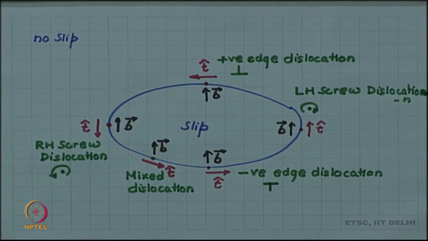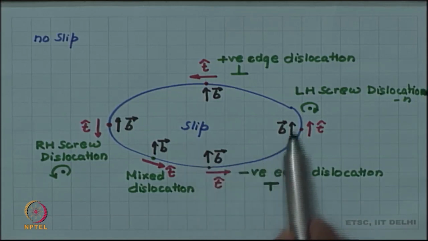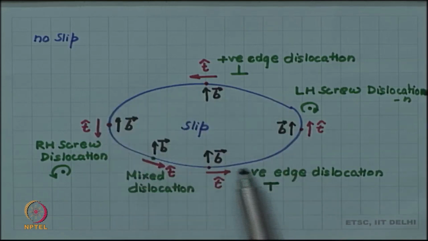So, a dislocation line like this, which is lying on its own slip plane, remember, the plane of the drawing is the slip plane of the dislocation line, because both T and B are lying in this plane. Such a dislocation line will have its B vector constant, but since the T vector is changing from point to point, it will keep changing its character from point to point.